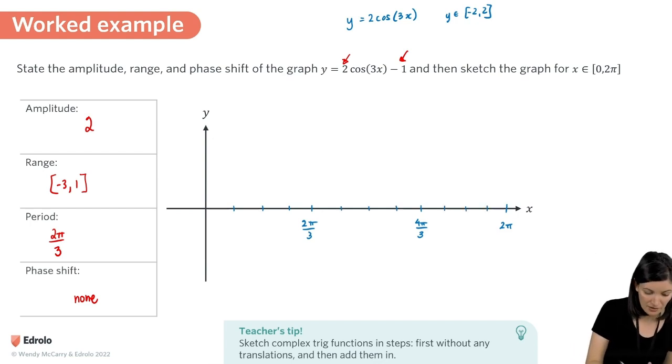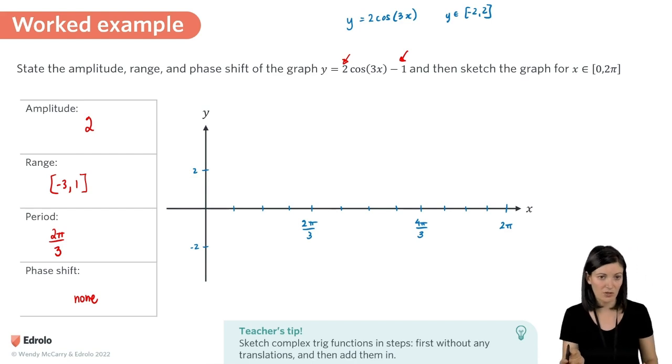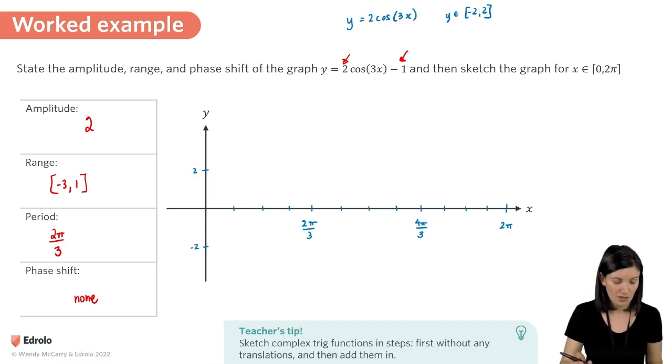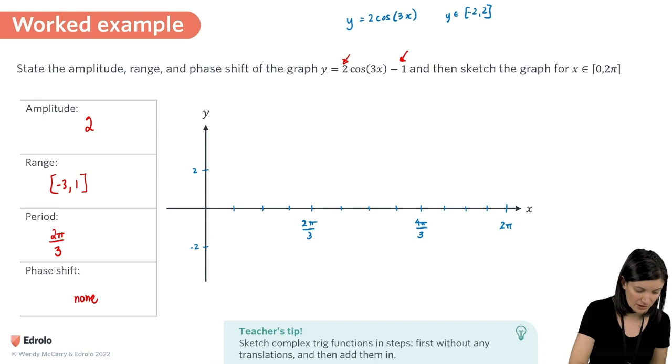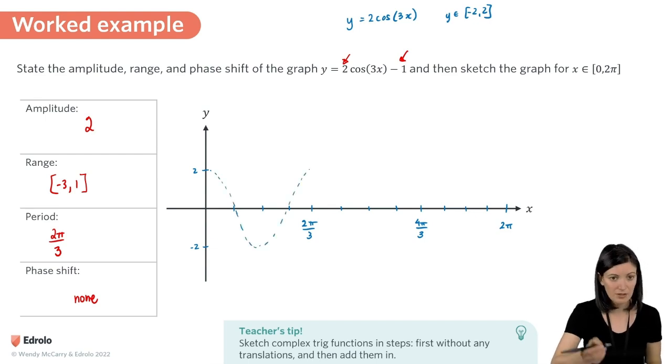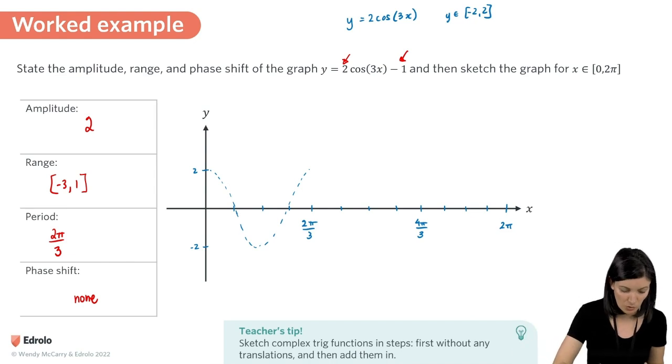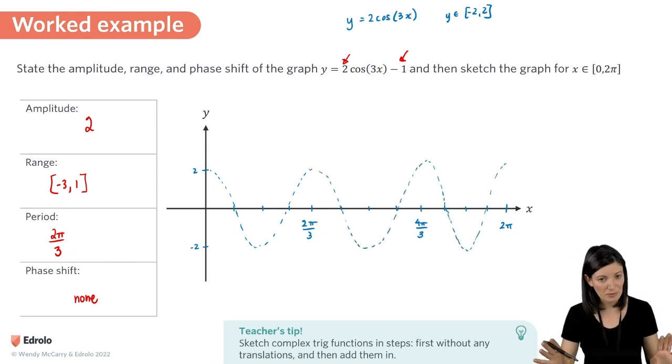My first stage is I'm just going to label my -2 to 2, so I'm doing it without the vertical translation first. If I do my cosine, I'll just do a dotted line here. There's my first cycle, and then I'll go through and draw 2 more. Not super even, but we get the idea.